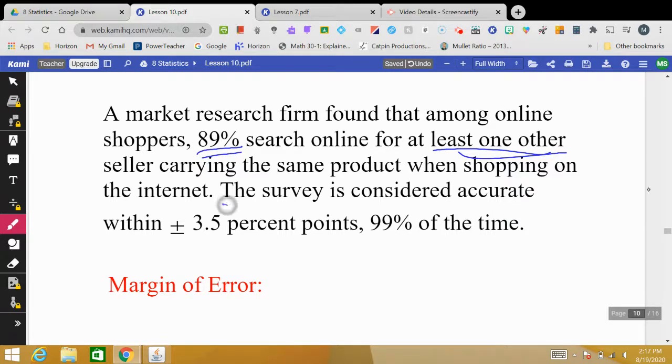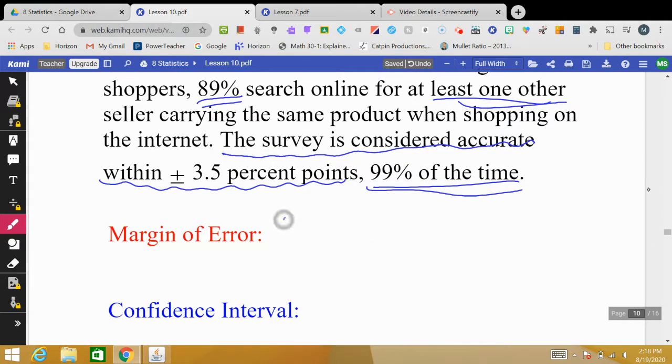So it says here, this survey is considered accurate within plus minus 3.5% points 99% of the time. So the margin of error is plus minus 3.5. What the margin of error is, it's just like your standard deviation. It's what you add and subtract to that central number. So 89% is your middle.